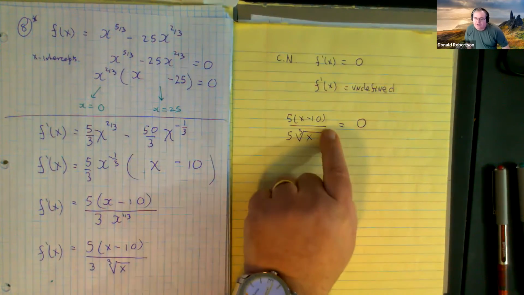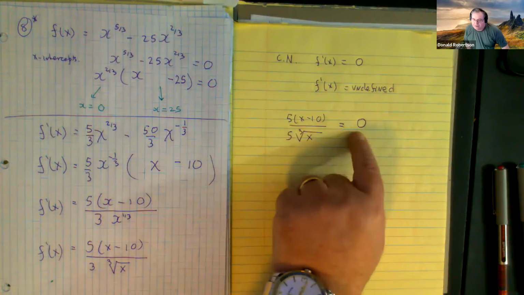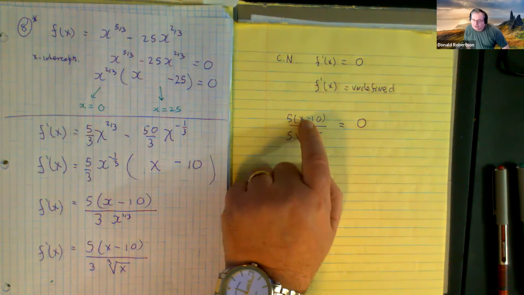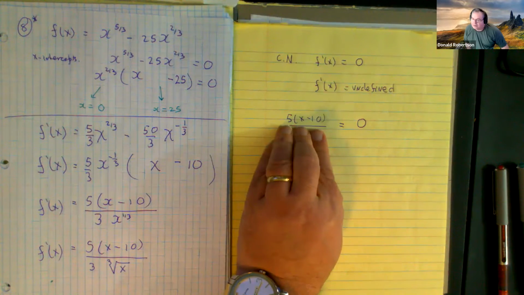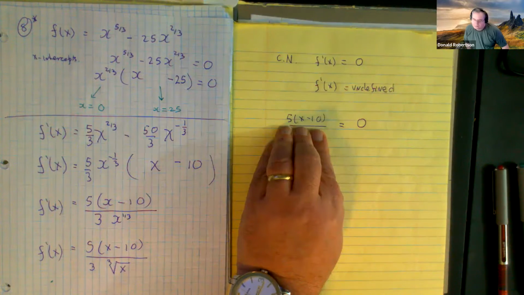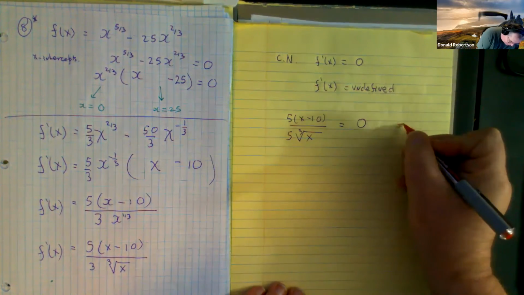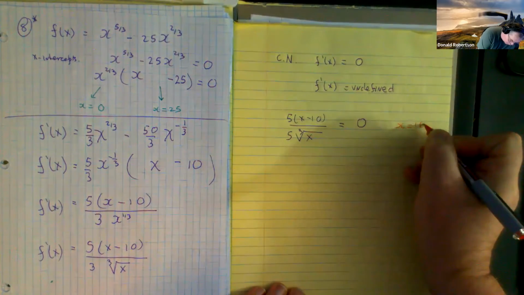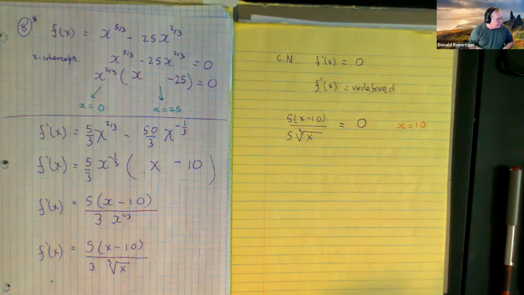Don't overthink this one. If this fraction is 0, doesn't it only happen when the top is 0? We don't care what the bottom does. Now, if you look at that, it's pretty obvious that x equals 10 is the answer, right? So one of our critical numbers is that something interesting, maybe a local max, maybe a local min, something's happening at x equals 10. Great.